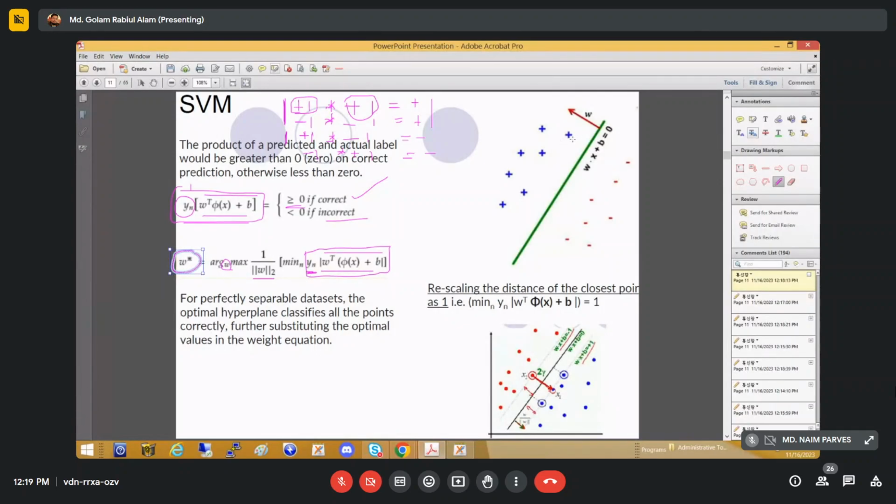The distance from our support vector, if we rescale that to just 1, then other values will be different. After rescaling, we need to find this one to be 1. In that case, the original equation will be W transpose x plus b equals 0, and this one is our negative gutter, this one is our positive gutter: positive gutter and negative gutter.